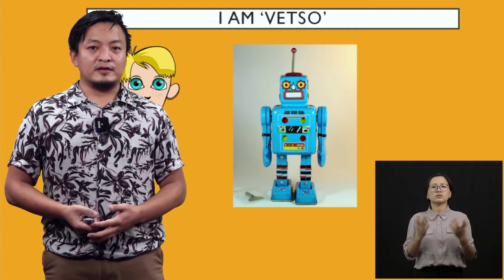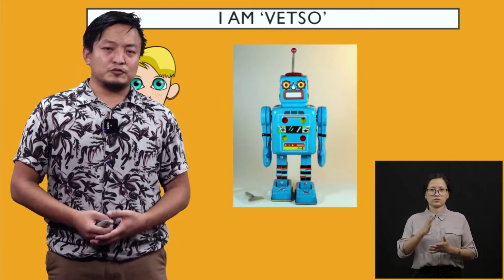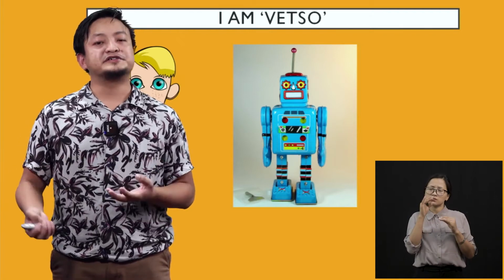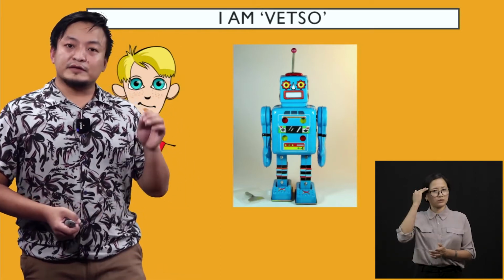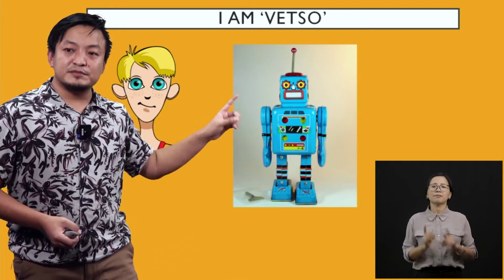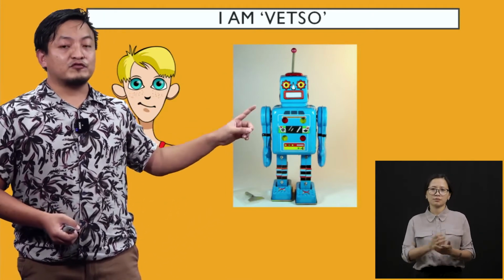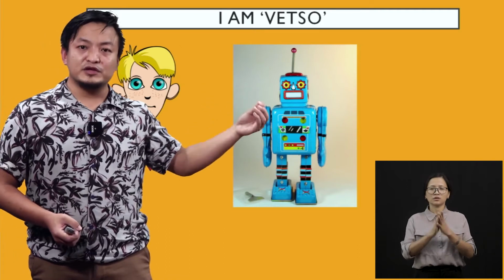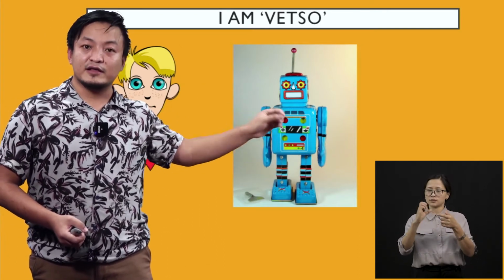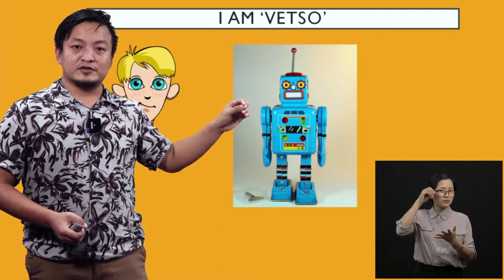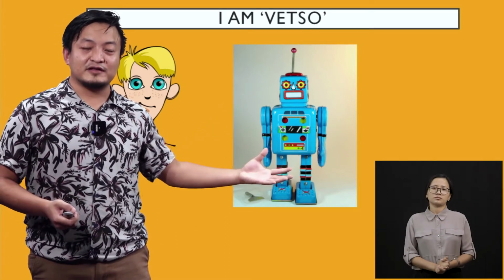Birds chirping. We don't know the reason why they are chirping. They may be happy. But Vetso invented this machine with the help of which we can communicate with insects. We can learn their language. So it's interesting, right?